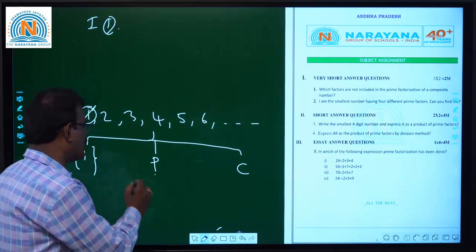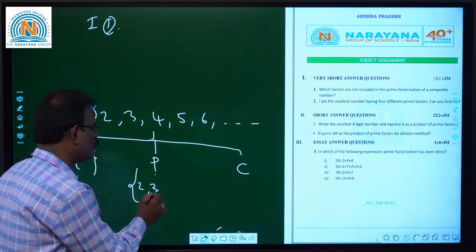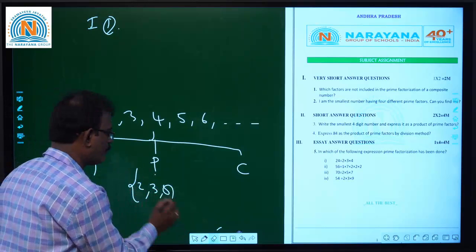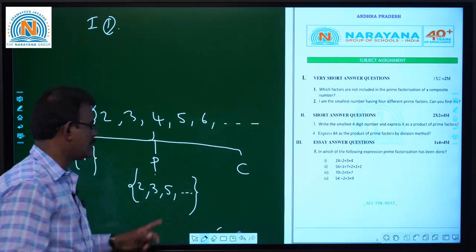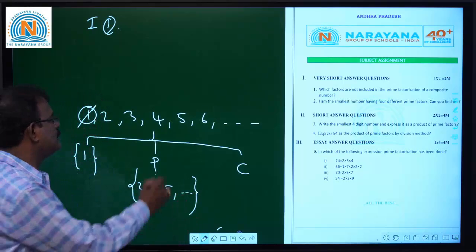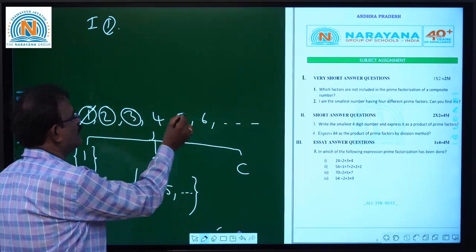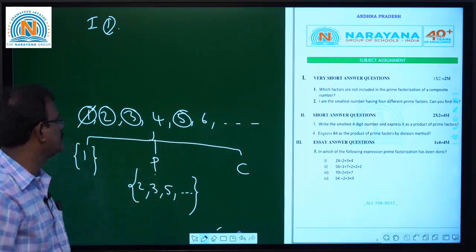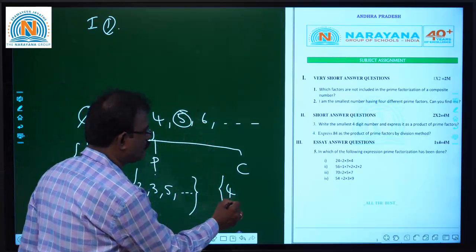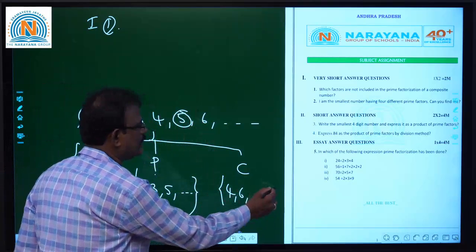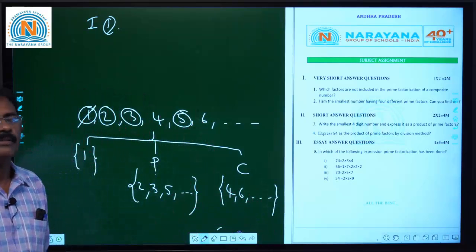The set of prime numbers is 2, 3, 5, and so on, and the rest of the numbers like 4, 6 and so on are the set of composite numbers.